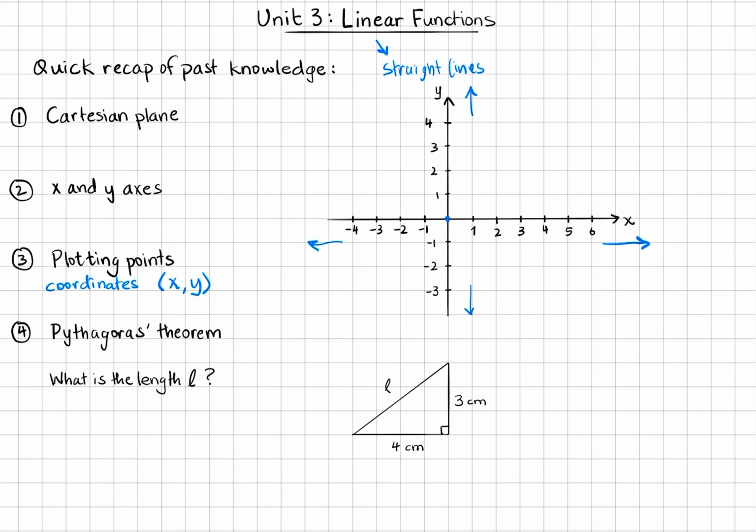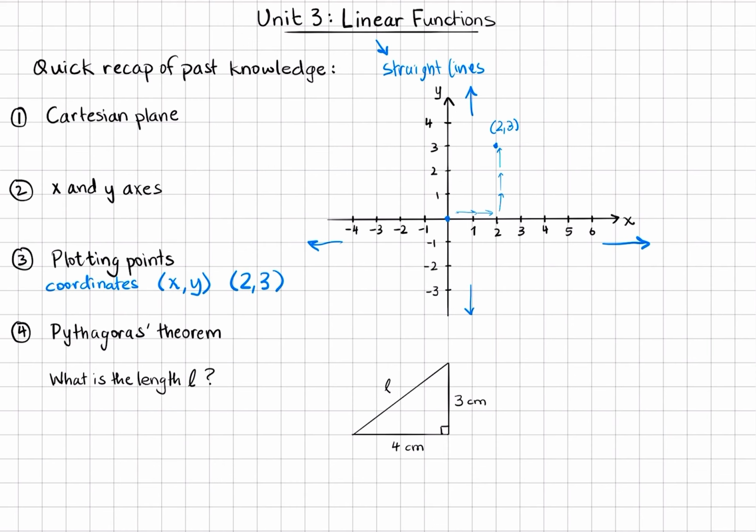So for example, let's say I want to plot the point (2, 3). That means I would go 2 steps from the 0 point, 2 steps here forward on the x-axis, and then go 3 steps up on the y-axis, and this would be my point (2, 3).